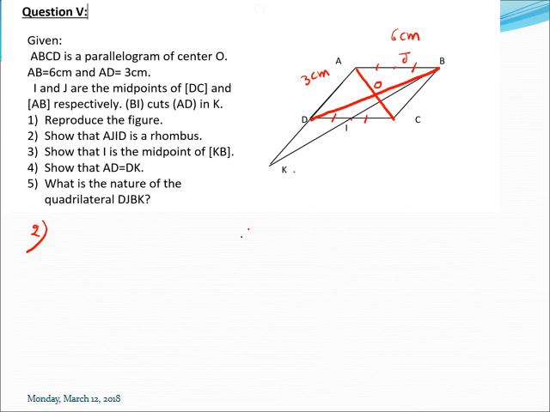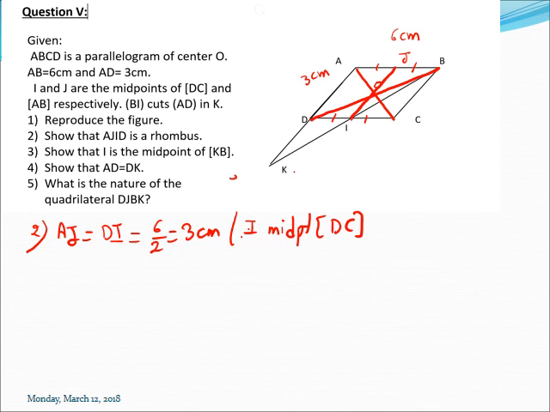Number 2. Show that AJID is a rhombus. AJ equals DI equals 6 over 2, which equals 3 centimeters, since I is the midpoint of DC and J is the midpoint of AB.